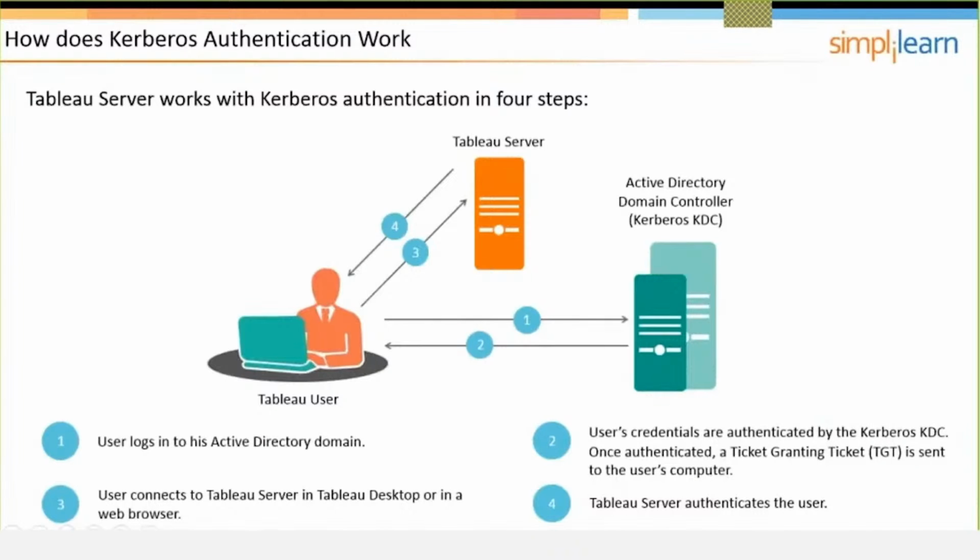Then when the user tries to connect to the Tableau server from the desktop or the web browser, the Tableau server authenticates the user and directly allows access. Now this mechanism is provided before the network connection is opened up between the client and the server, right?